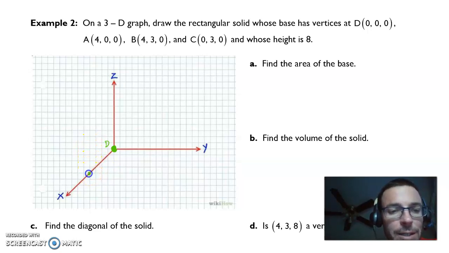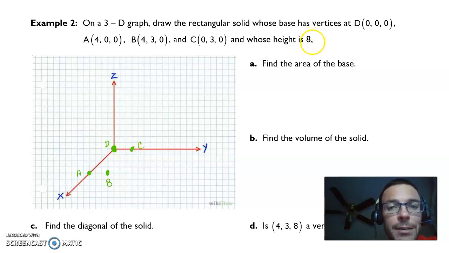So I'm using that entire diagonal there to plot point A. B, I'm going 4 in the X, 1, 2, 3 in the Y, but 0 in the Z, so I get my point B here. C, I go 0 in the X, just 3 in the Y, just to here, and 0 in the Z direction. That gets me point C.